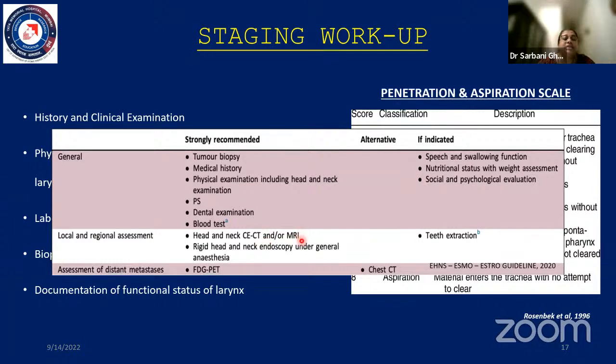And as I've already said, you would do a mucosal evaluation first in the office and then under anesthesia. In certain cases with very advanced disease, involvement of low neck nodes, or extension to the superior structures, we may want to do an FDG PET to rule out distant metastatic disease.